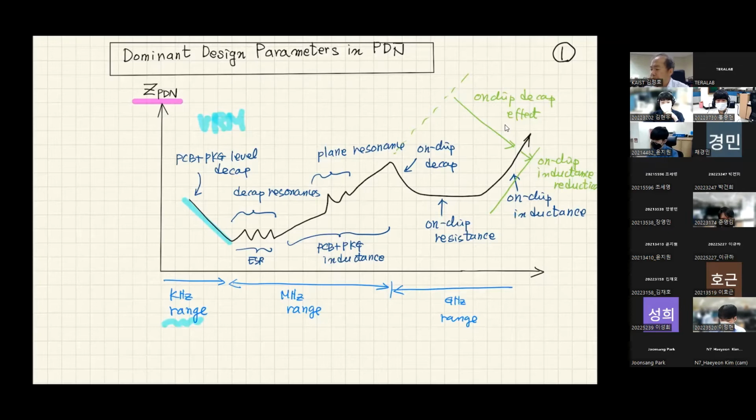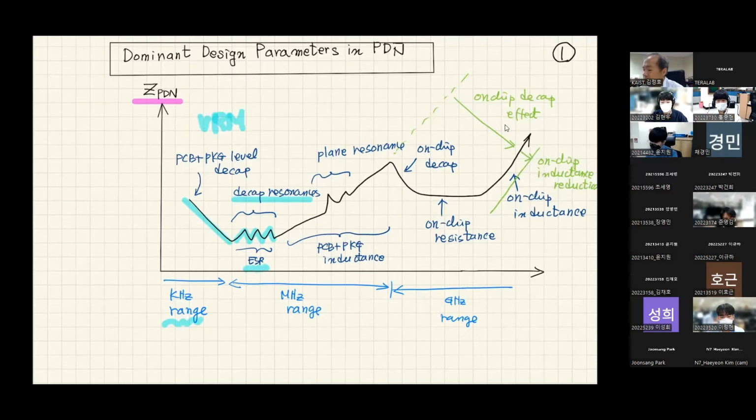And at the megahertz range, we usually have PCB package decoupling capacitance, but because of parallel resonances and serial resonances, we have high impedance peaks and low impedance peaks. And the minimal value of impedance in these ranges is determined by equivalent serial resistance.